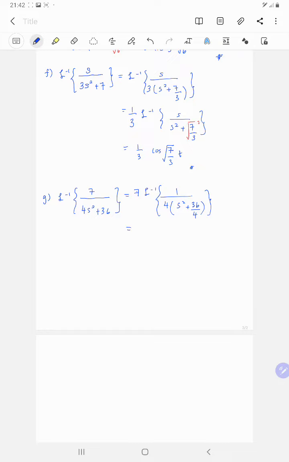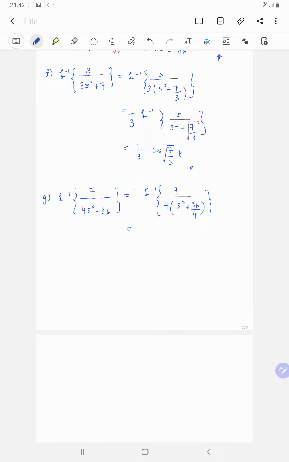Okay, you expand back to check. You expand back, you must get the original one. Okay, if you don't want to take out the 7 first, also no problem. 7 over 4, same. You check back. If you expand back, you get the original one.